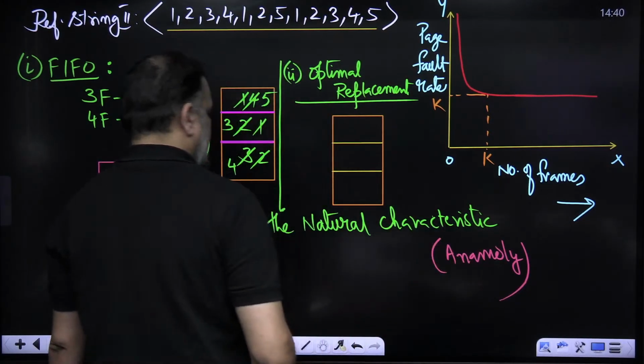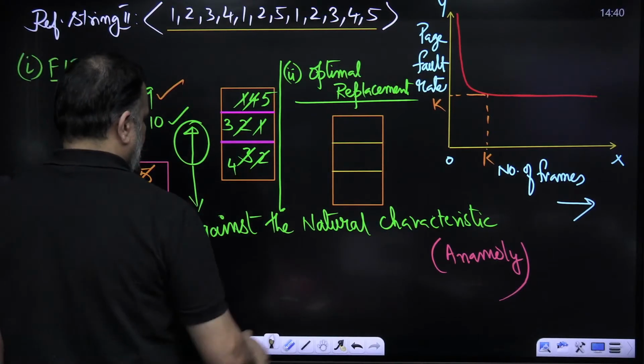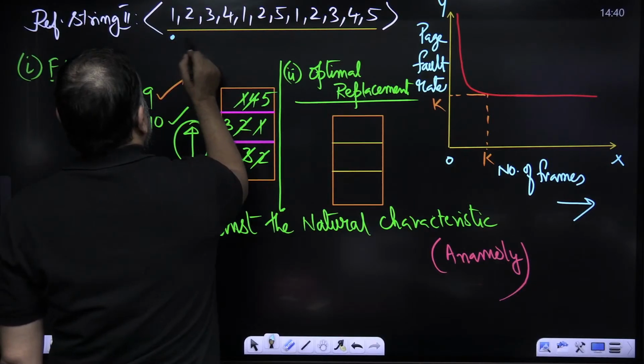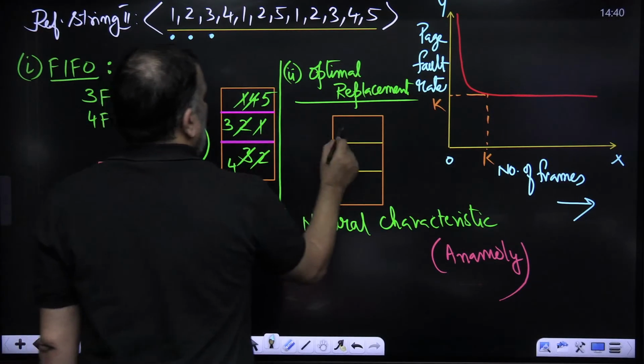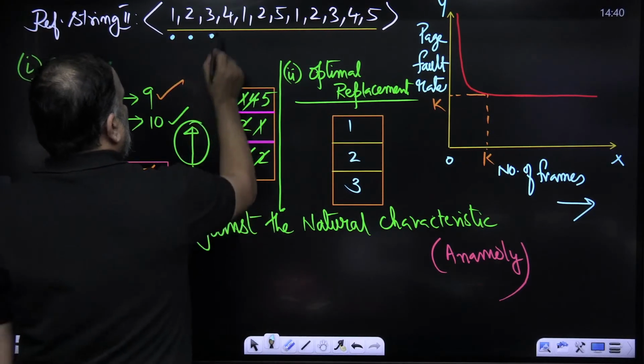Please follow me, boys and girls. 3 frames. Can you tell me how many page faults are going to happen? So initially 1, 2, 3. I'm doing for second referencing optimal replacement 1, 2, 3. 3 page faults. Then after that 4 will cause a fault.